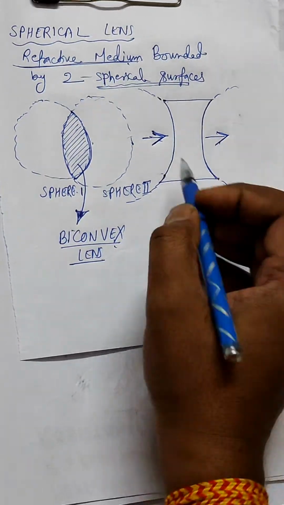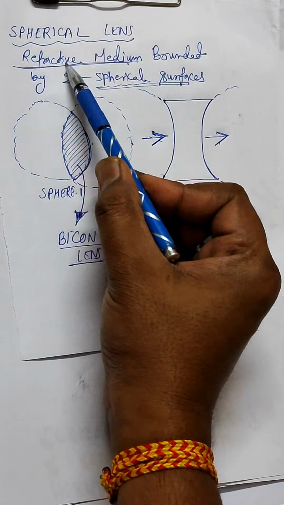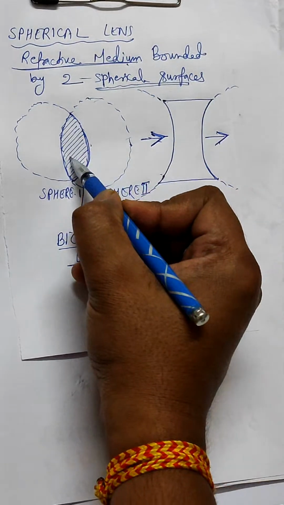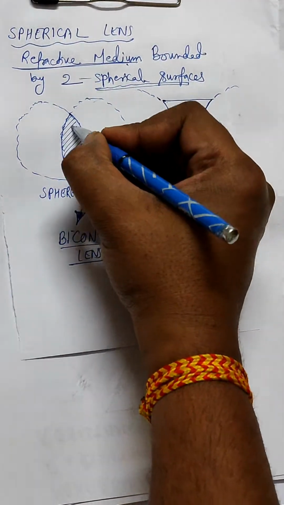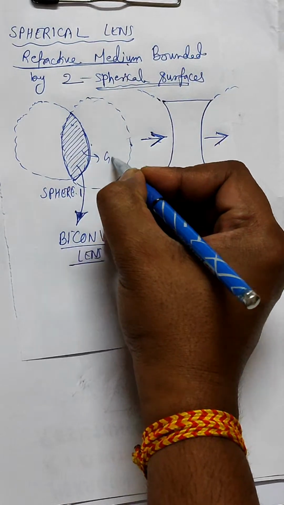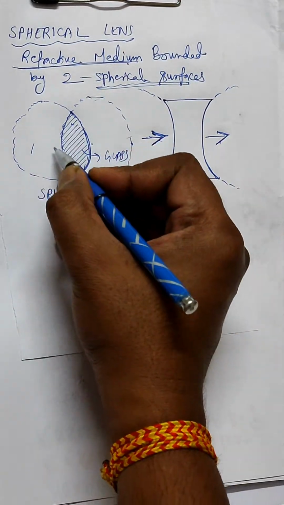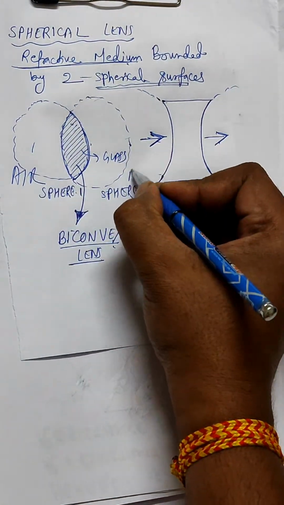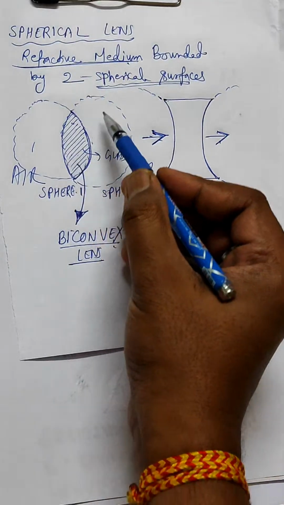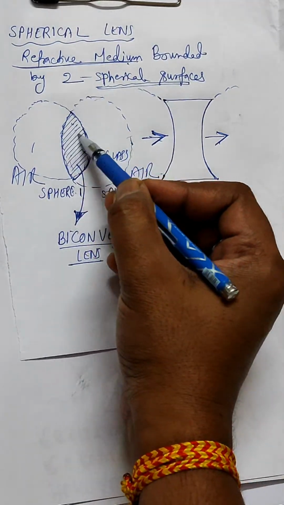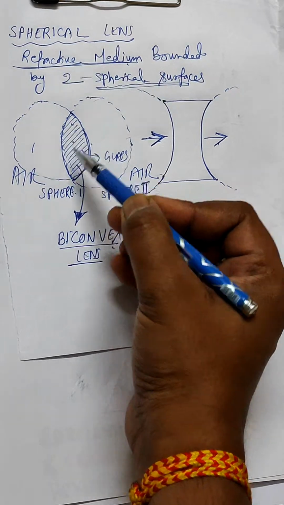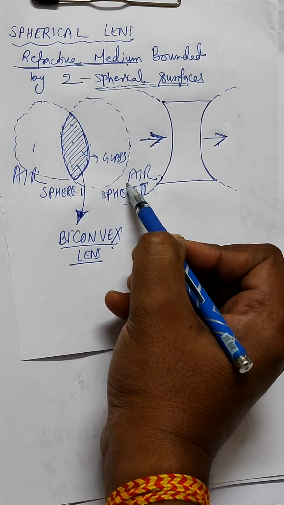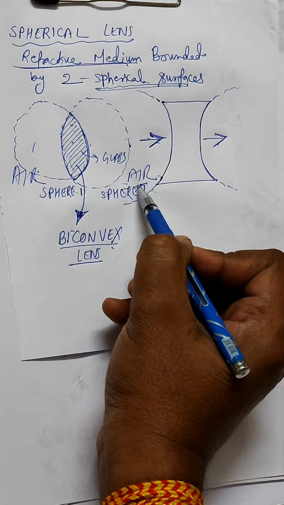Okay, so as per the definition, you can see a refractive medium bounded by two spherical surfaces. So this is the refractive medium, which is made up of, let's say, glass. If you remove all this, here it's air and here it's air, right? So this medium is glass and bounded by two different refractive index areas, right?